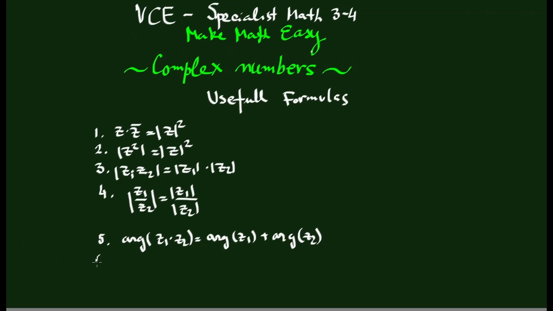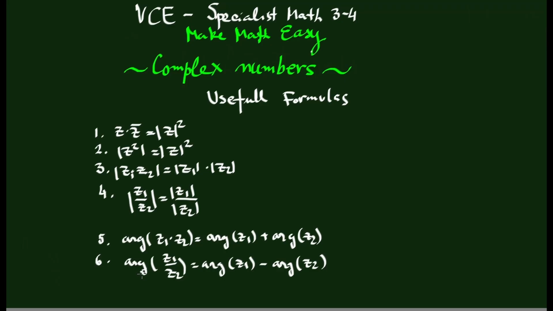Remember that from the previous work. And the division is the same: argument of z1 divided by z2 equals argument of z1 minus argument of z2.